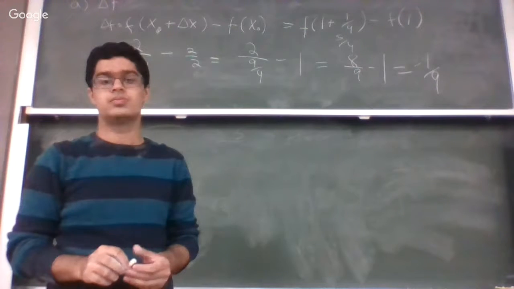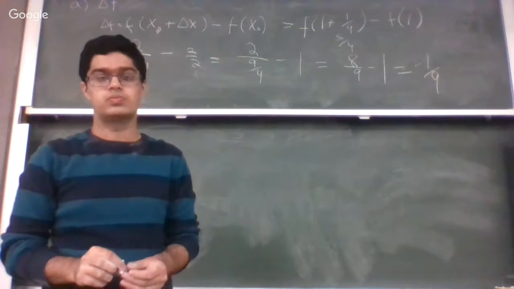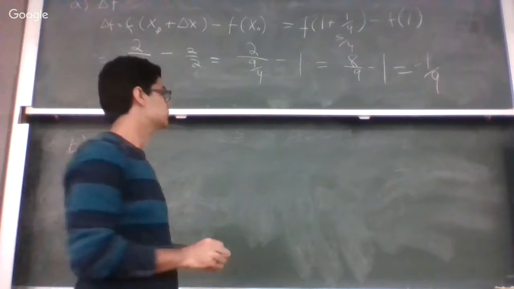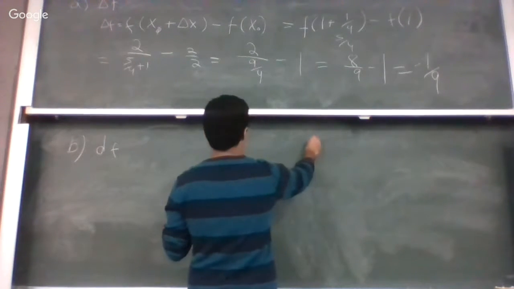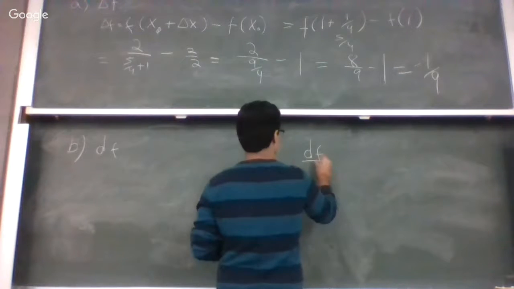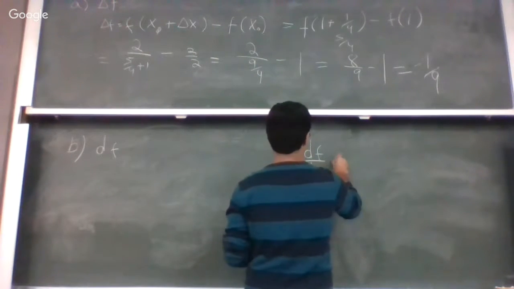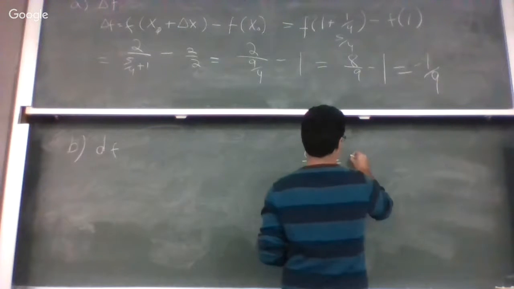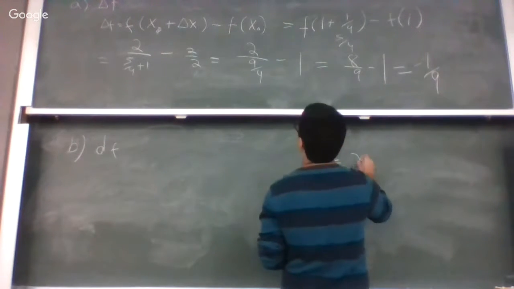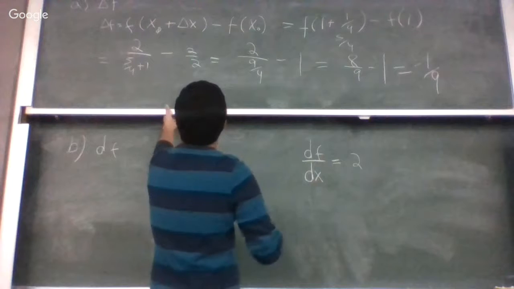So what is df equal to? So the derivative of that is the. Originally we have f of x, right? So df with respect to dx is equal to the derivative. What would the derivative be?